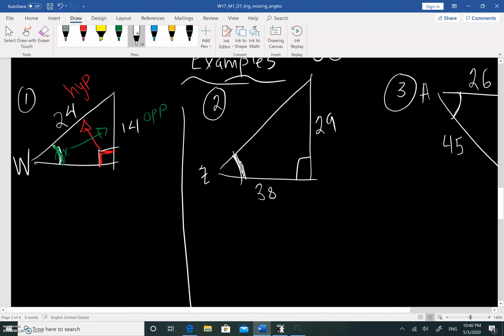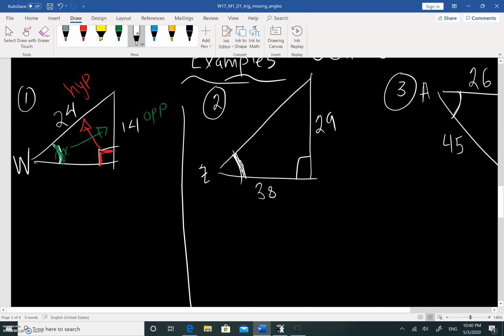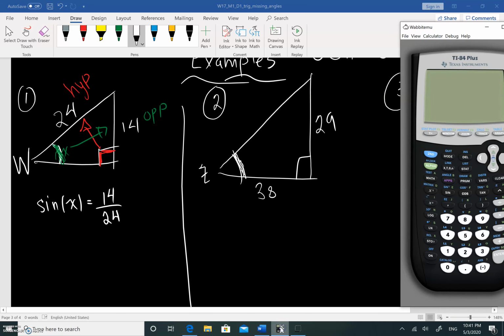So we have sine of x is equal to 14 over 24, because remember it's opposite over hypotenuse. And then from here we use our calculator. So let's move this a little bit closer.